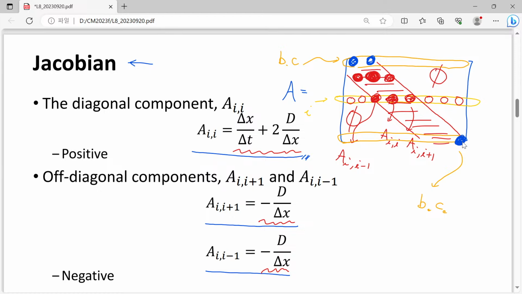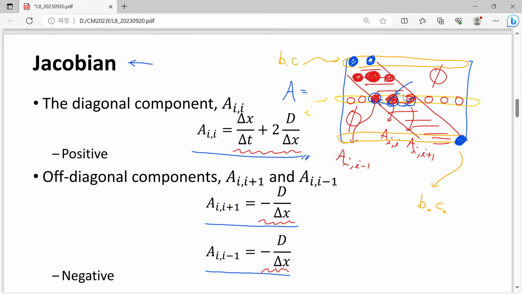So you can see that in this case, the Jacobian matrix has a really narrow bandwidth. It has only 3 terms centered at the center node, and at most one off-diagonal or another off-diagonal component, and that is enough to consider our Jacobian matrix.